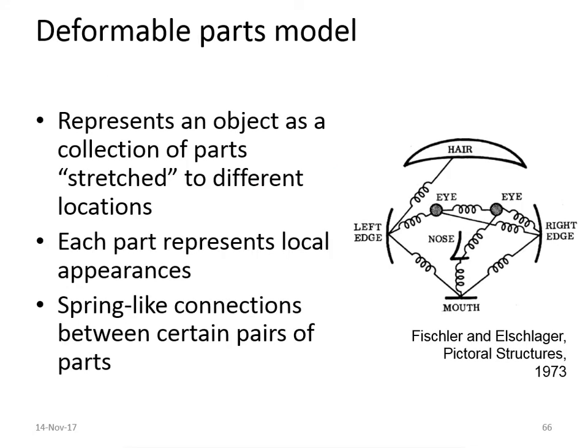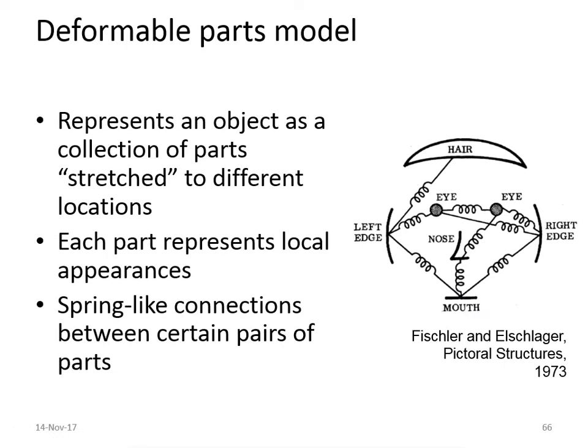So you split the object into components. You can think of them as words, or parts in this case, and then you link them together. For example, if I want to detect a face, I would expect the eyes here, the nose here, the mouth here, and so on.